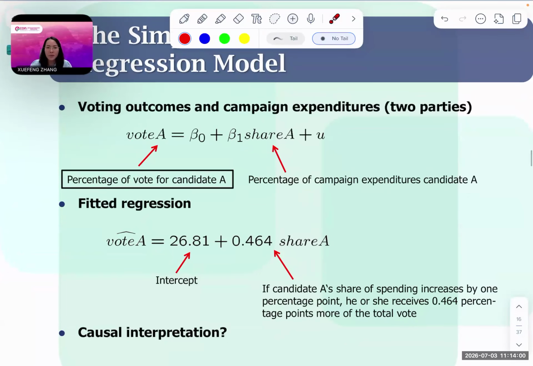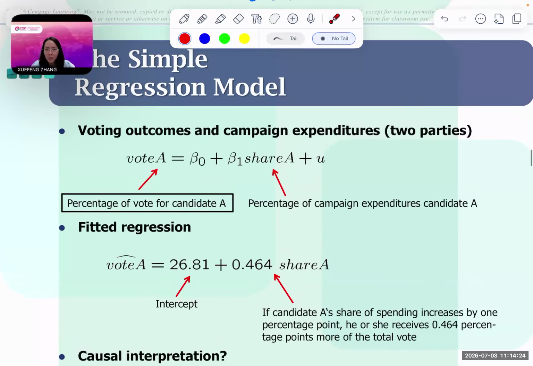Next example, okay, one more example. This time it is about politics. So let's take a look at this example. What is the question here? We have share A, the percentage of campaign expenditures by candidate A. We have vote, the percentage of votes for candidate A, okay?